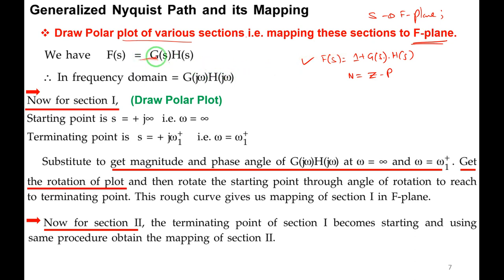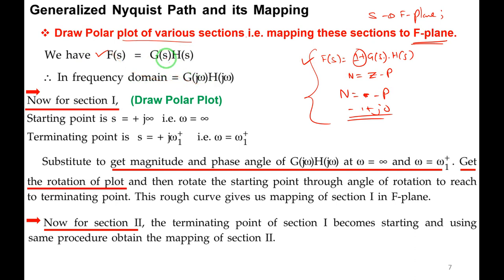But if I take F(s) equal to G(s)H(s), N equals just minus P, the number of encirclements of the critical point minus 1 plus j0, because this 1 we are discarding. So this is the critical point. I hope you know the differences from the previous discussion yesterday. So the open loop transfer function G(s)H(s) is equal to F(s).